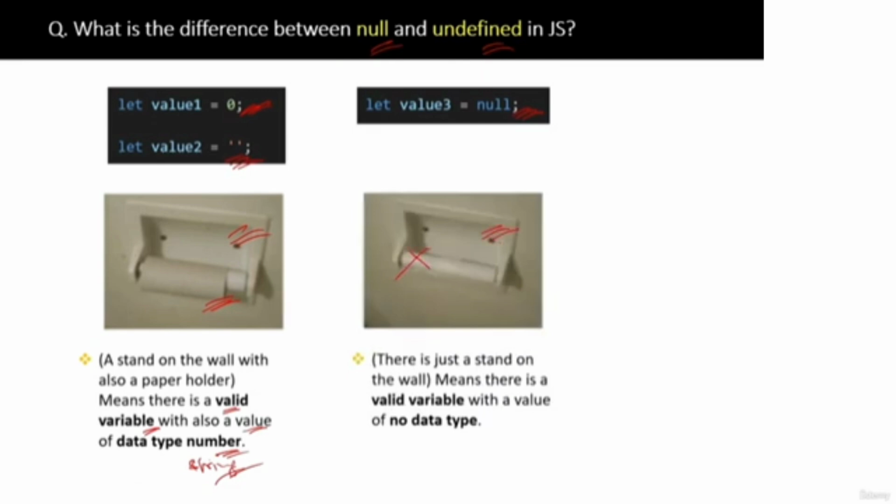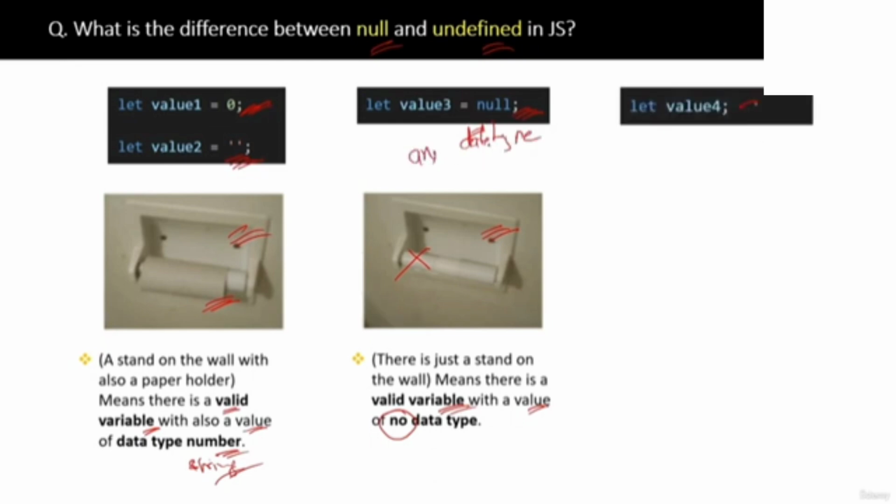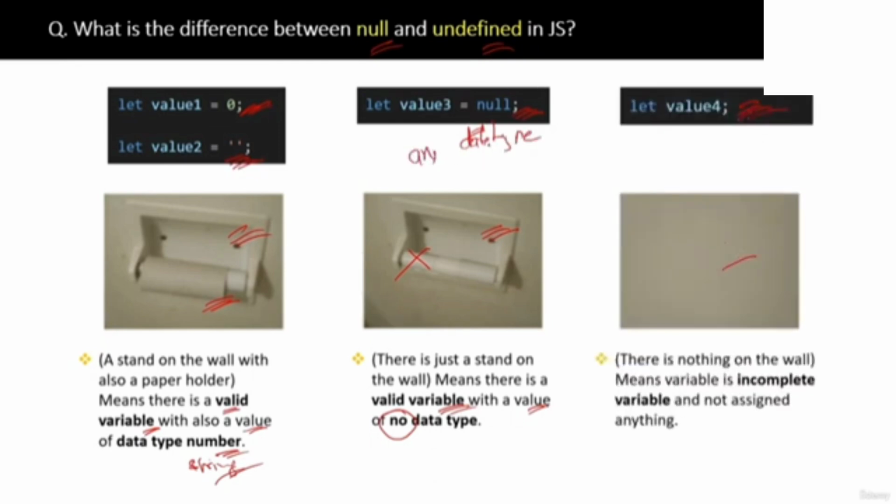It means there is a valid variable with a value of no data type. In future, you can assign any number, string, or any data type value to it. And if the variable is undefined, that means there is nothing on the wall. This means it is an incomplete variable which is not assigned.